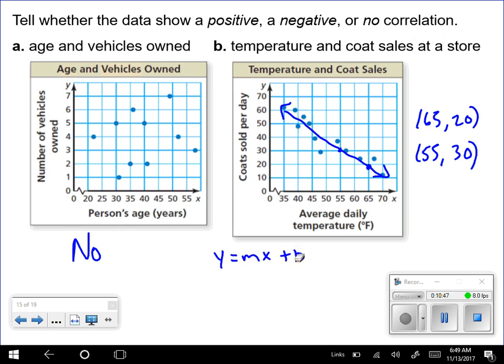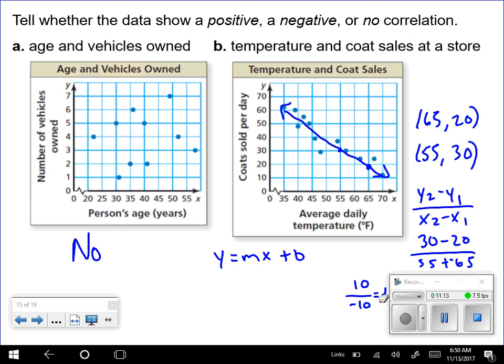equation. Okay, so I could use this to figure out a slope. I could use y2 minus y1 over x2 minus x1, where I said 30 minus 20 over 55 minus 65. So I get 10 over negative 10, or negative 1 is my slope.